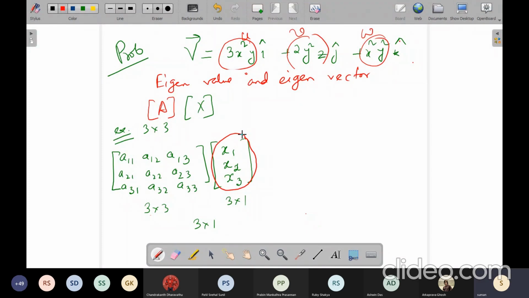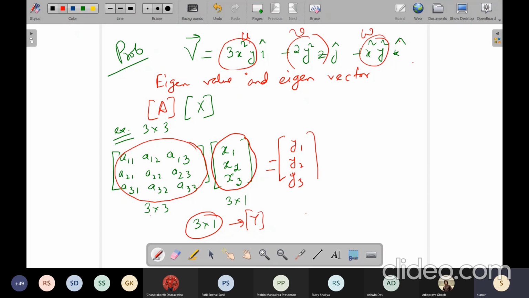So by virtue of calculating this or doing this matrix multiplication, what you have done is you have transformed this 3 by 3 matrix by doing this product to a vector. So it's a 3 by 1 vector. Say the name of this vector is y. So you will have this y1, y2, y3. Let us give name y. It is okay. Just a name.